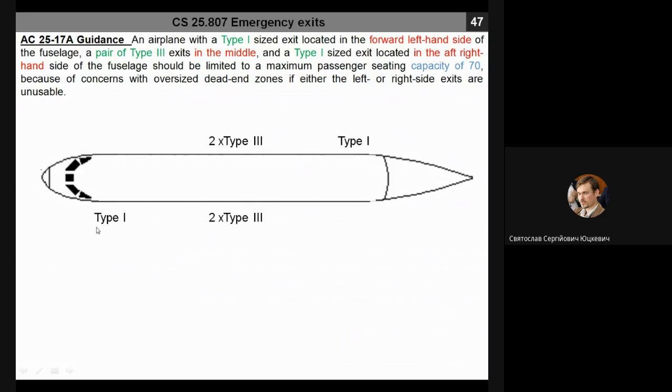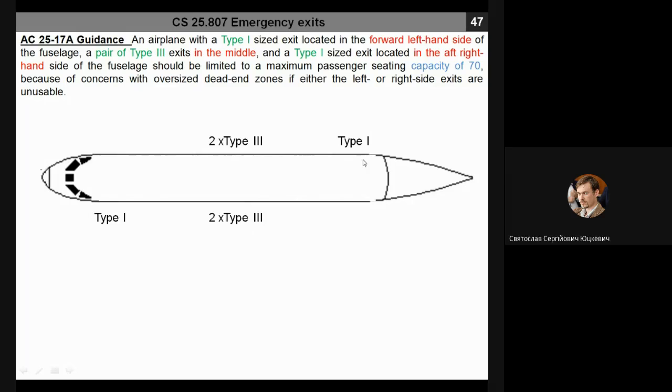In case of this emergency exit failure, we don't have the possibility to evacuate this crowd of passengers from these type 3 doors. And in case of this type 1 exit door failure, only this type 3 door will be a possible way for emergency evacuation. So according to that, we will use a capacity of 70 passengers for this airplane.